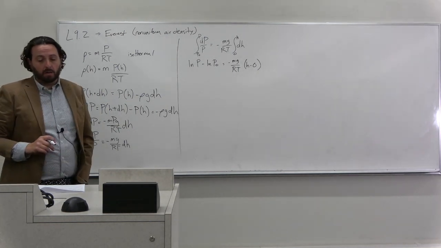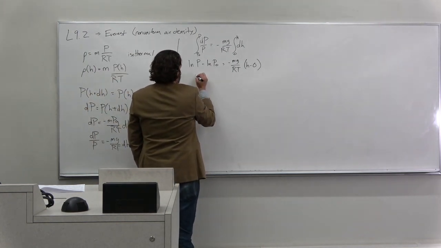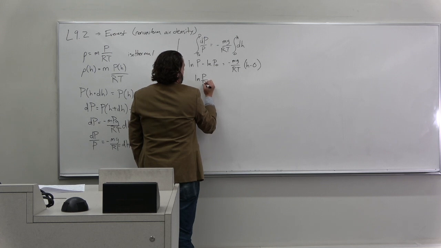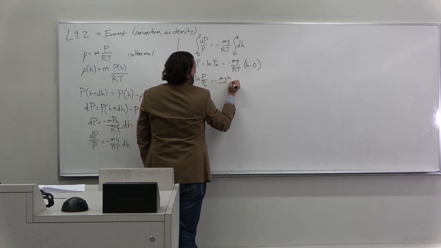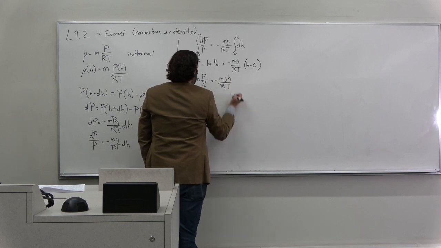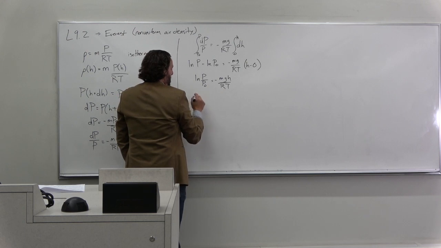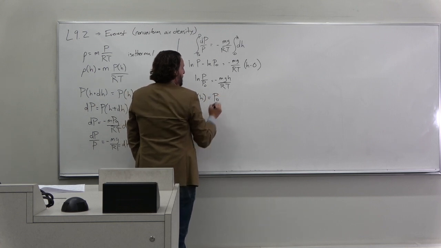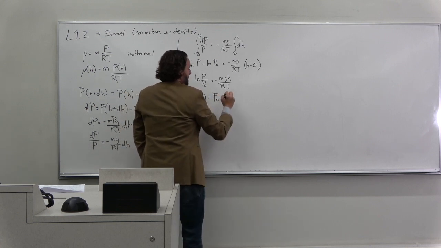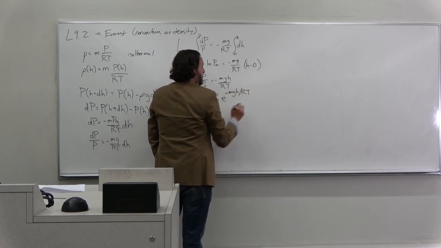Great. So this can be rewritten as log of P over P0 equals minus mgH over RT. Or take the exponential of both sides and multiply by P0. So now P of H is P0 e to the minus mgH over RT.